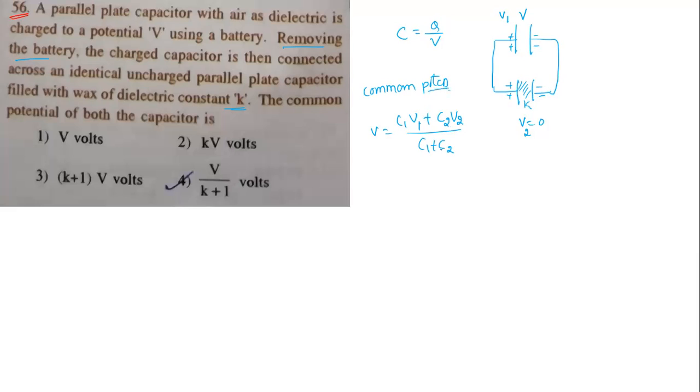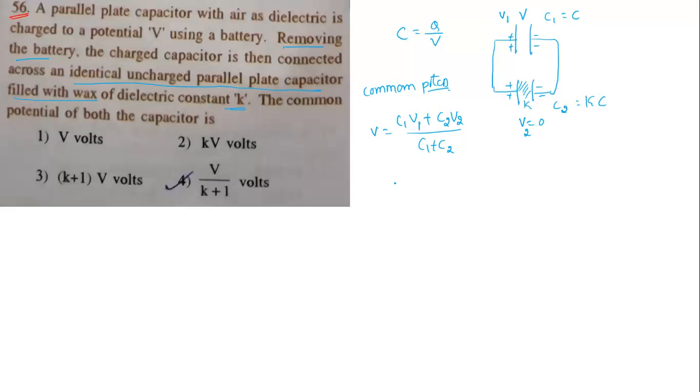Okay, common potential. Now here it is filled, right? So if I take C1 as C, C2 will be K times C, because the given capacitor is an identical uncharged parallel plate capacitor filled with wax. Identical means capacitance must be the same. Since we fill the second capacitor with dielectric constant K, its capacitance increases by K times.